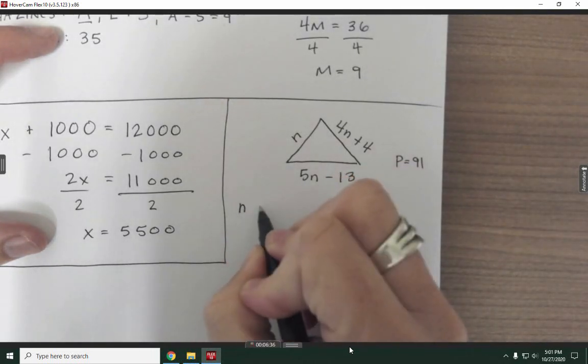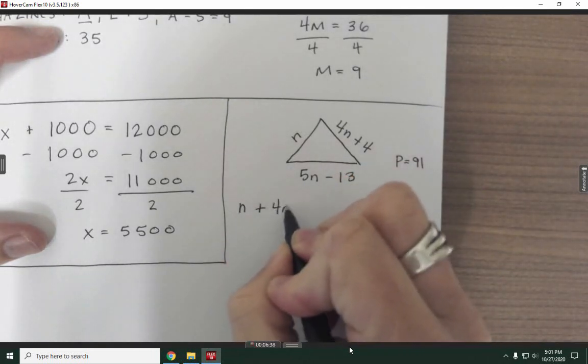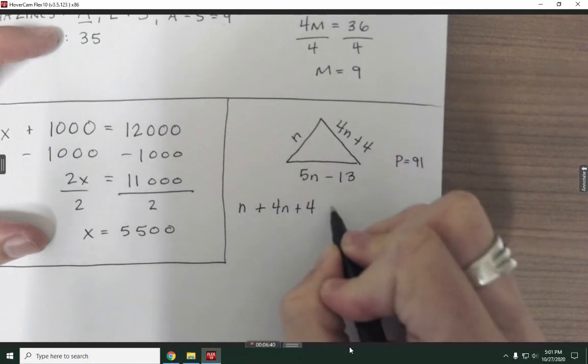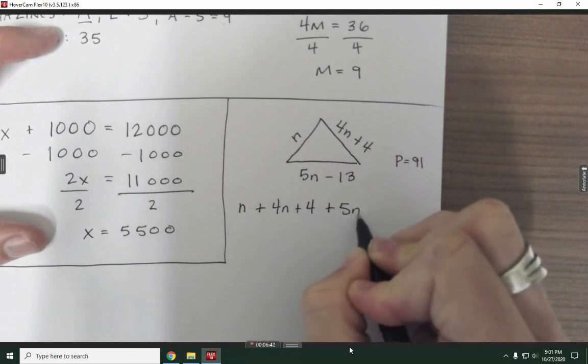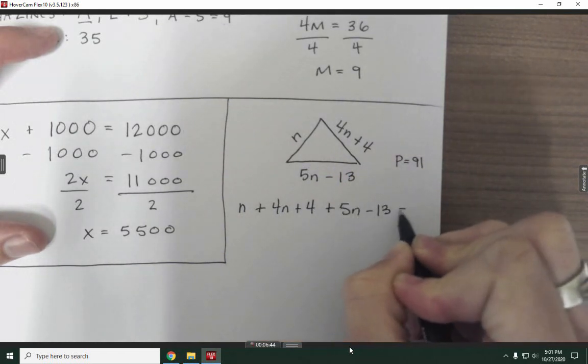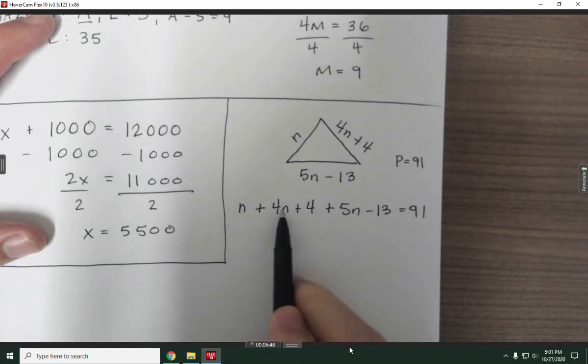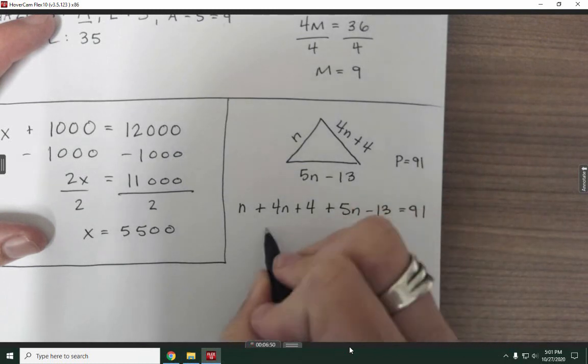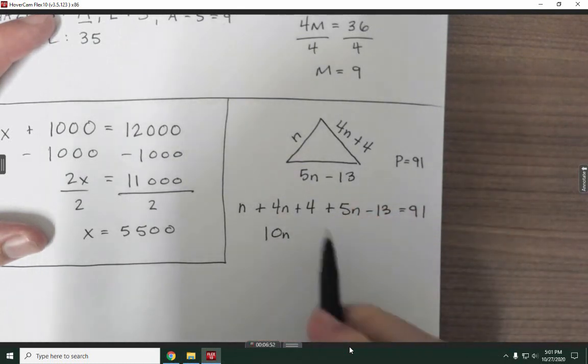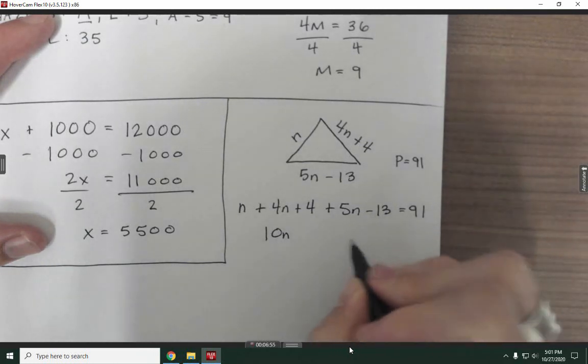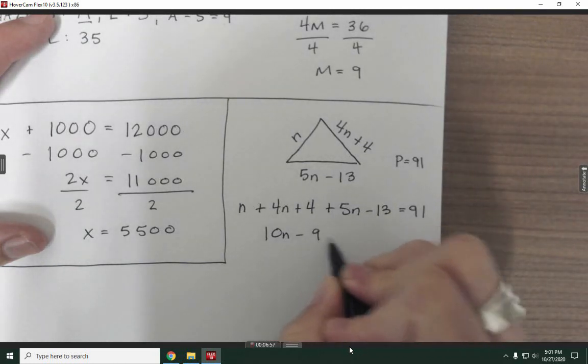So we're going to do n plus 4n plus 4 plus 5n minus 13 equals 91. So we're going to add up all our n's. n plus 4n is 5n, plus another 5n is 10n. And we're going to add up 4 and negative 13, and that gives us negative 9.